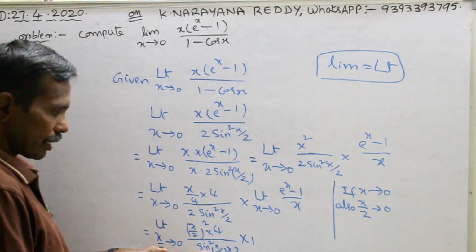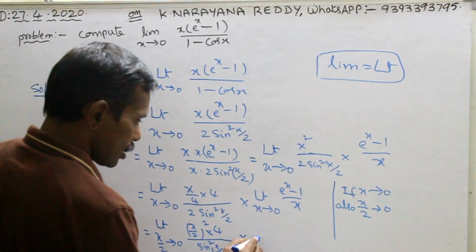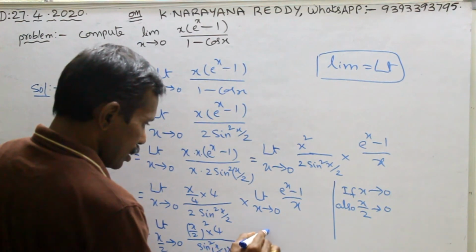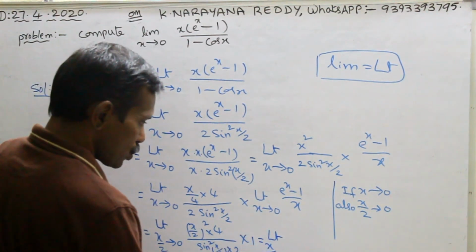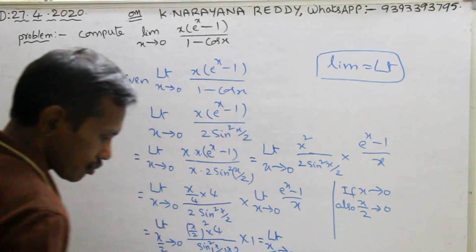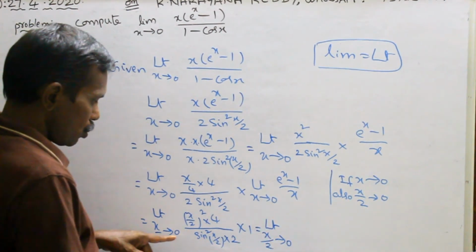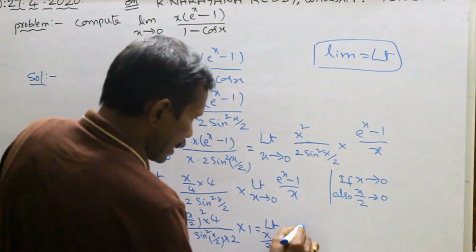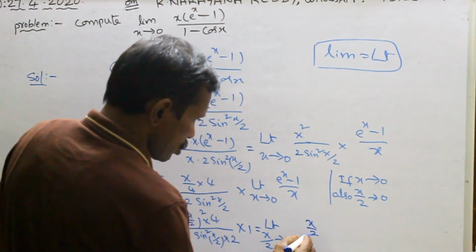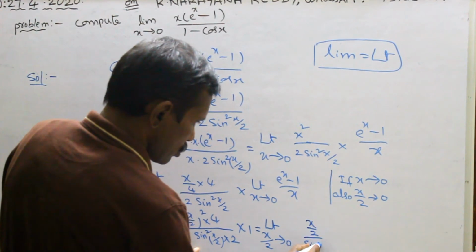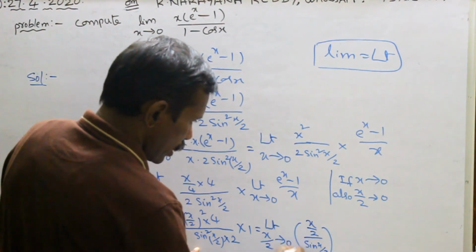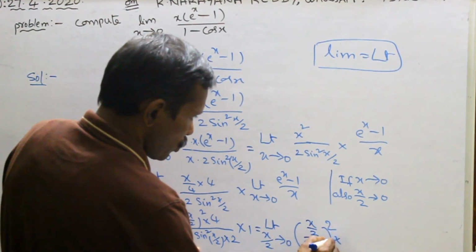Observe here, sin theta by theta. That means limit x by 2 tends to 0, x by 2 by sin x by 2 whole square into 2.